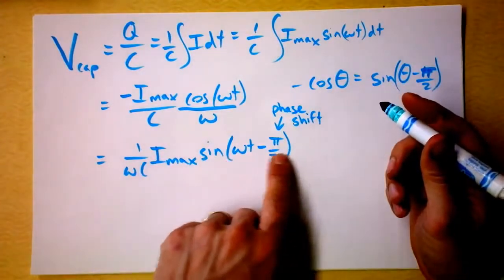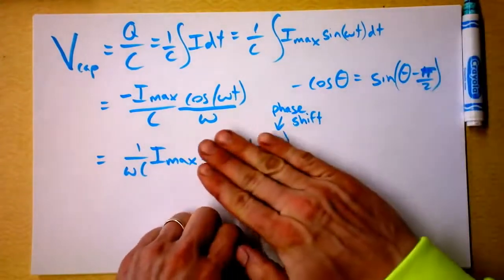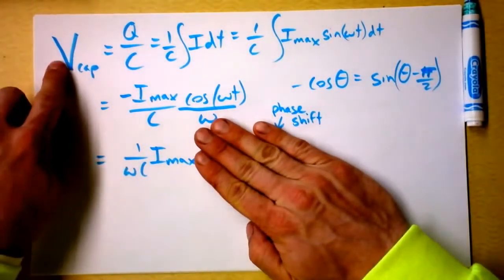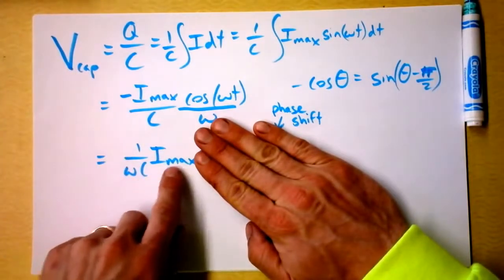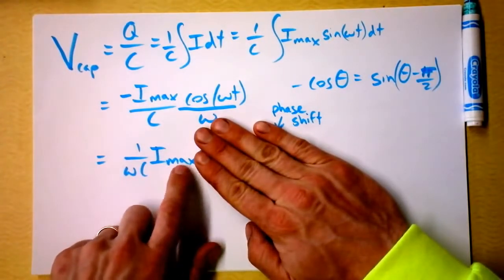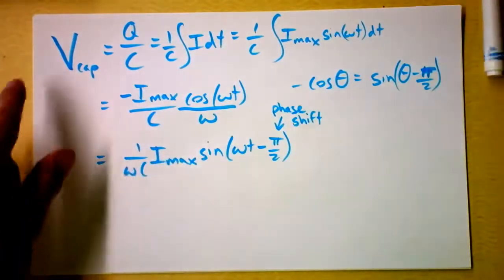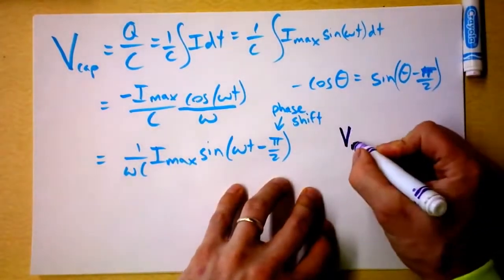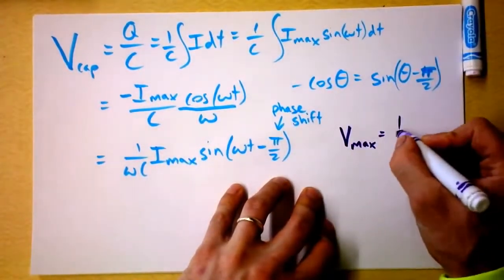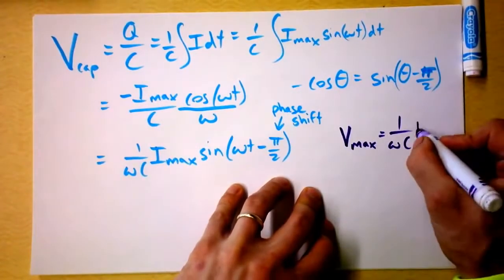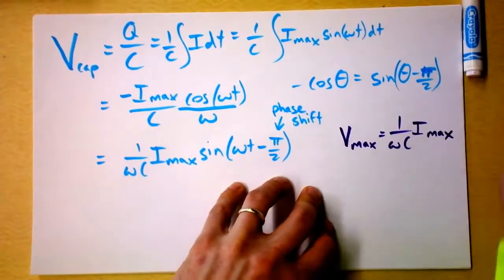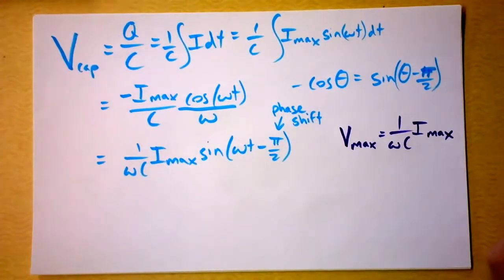When the sine function is at a maximum, it becomes 1. So then we say that V max is 1 over omega C times I max on the capacitor. I hope that you believe that particular observation.